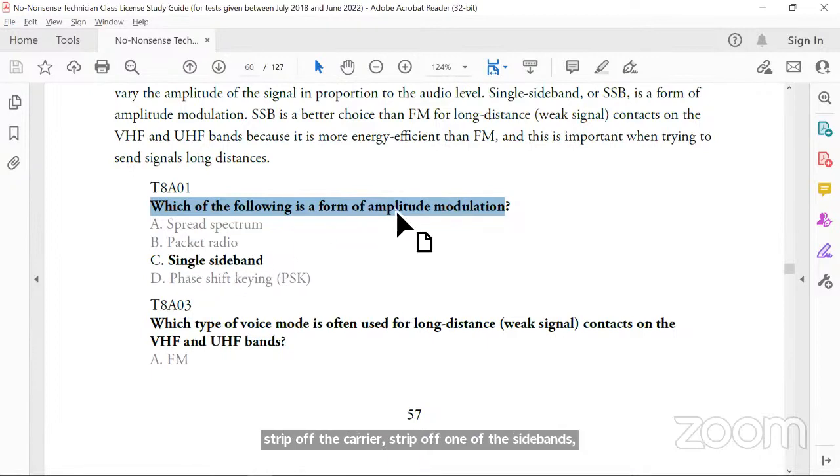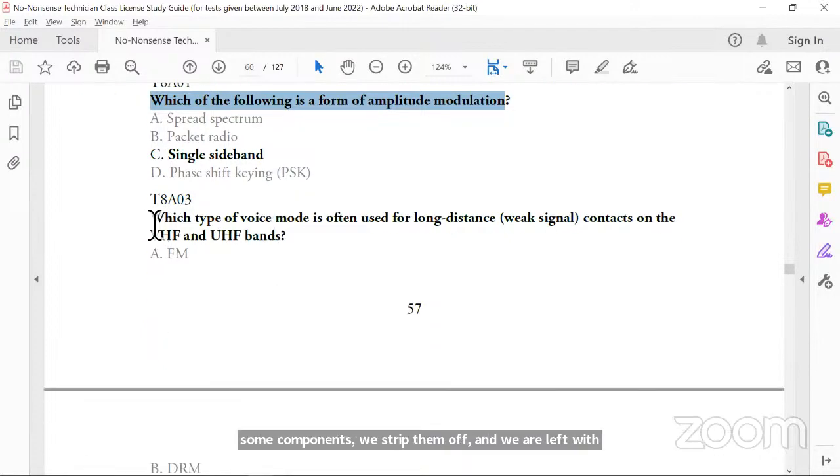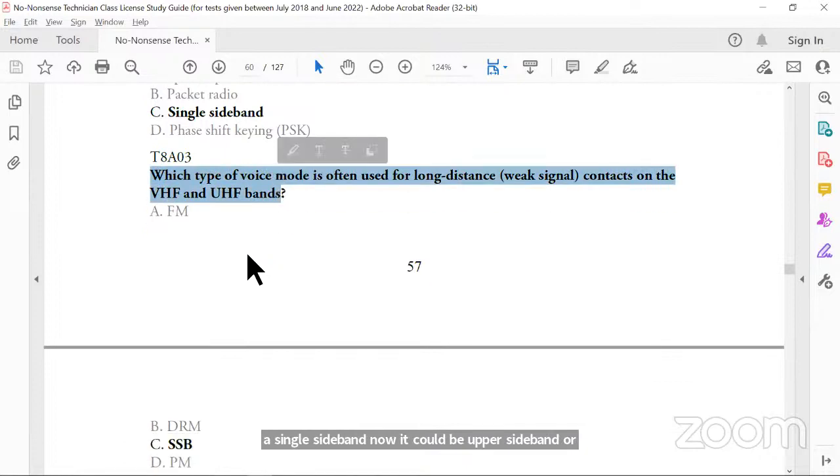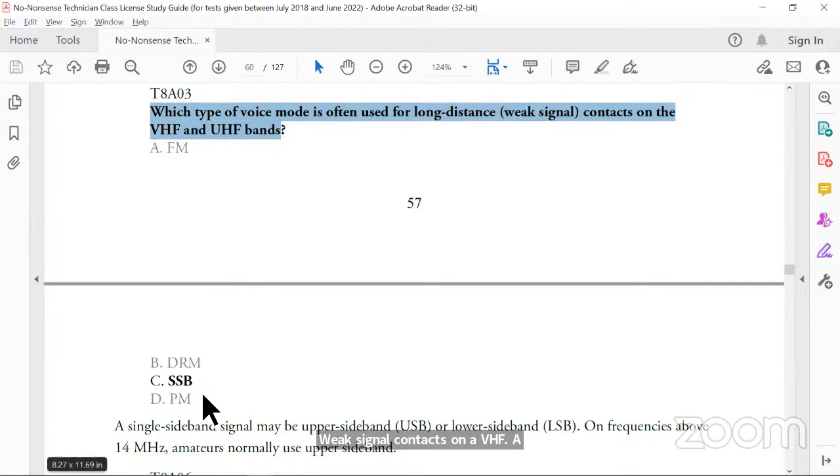And single sideband is a form of amplitude modulation because it starts with amplitude modulation, and we remove some components, we strip them off, and we are left with a single sideband. Remember, it could be upper sideband or lower sideband. All right. Which type of voice mode is often used for long distance weak signal contacts on the VHF and UHF bands? Well, we said we use single sideband to do that, SSB.